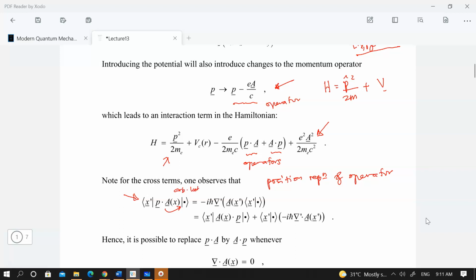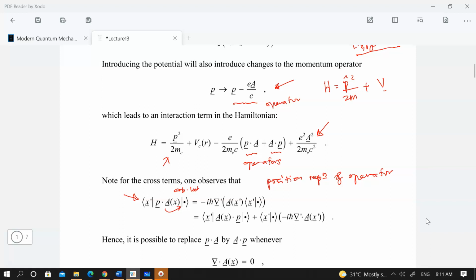Then the position representation will be pre-multiplying this with the eigenket of position, the dual. Once it does that, this acting on what I call the eigenket of position will give you the necessary form of your momentum operator.